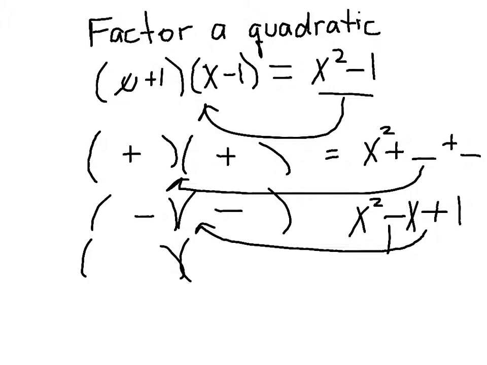Okay. Now, if you have a positive here, and then this sign is either a positive or a negative, that means that one of these is negative and the other, if this is negative, then one of those is negative and one is positive.